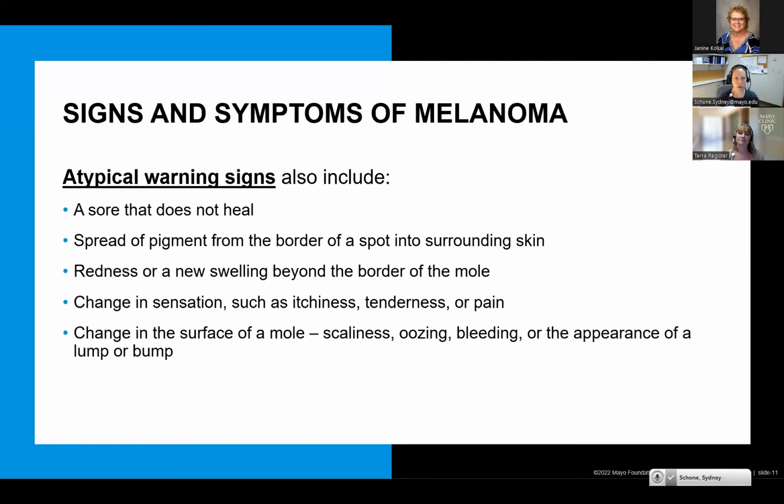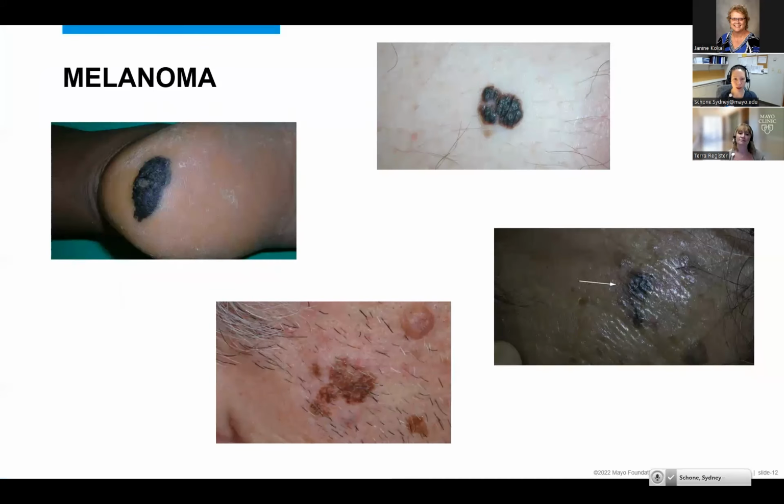So now we're going to look at a few different types of melanoma so you can see what we're looking at. Here are a few different kinds. The one on the upper left is from the bottom of a heel, where, again, we're looking at the palms of our hands and the soles of our feet for new melanomas.